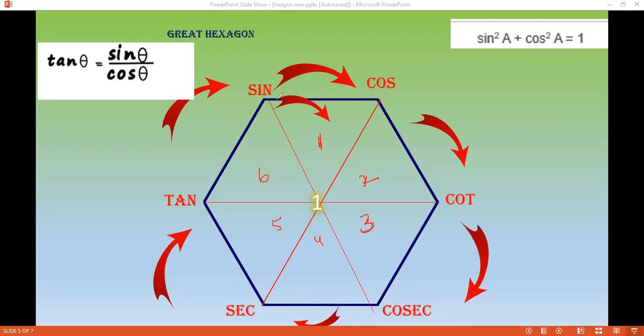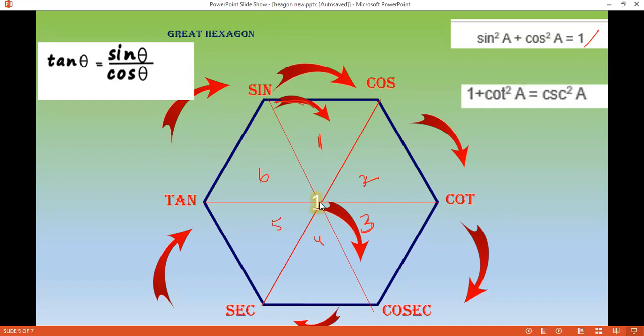Now observe that the arrow mark starts at this end. That is very important. Sine square theta plus cos square theta is equal to 1. Next, we leave the second triangle and observe the third one, since we take alternately.